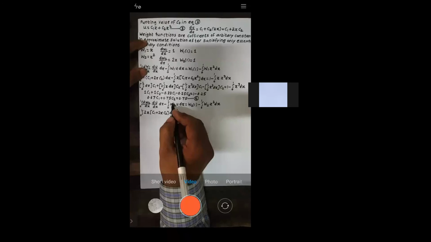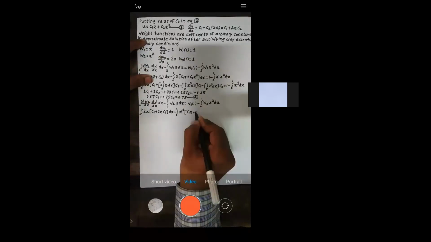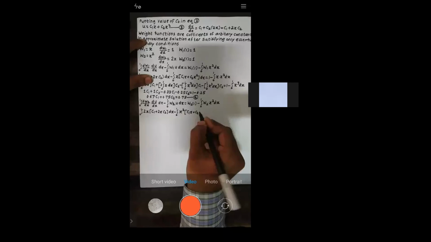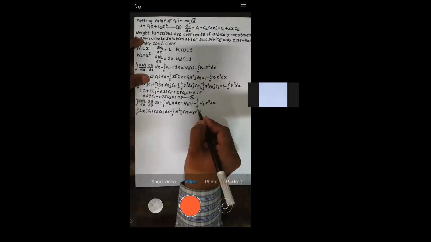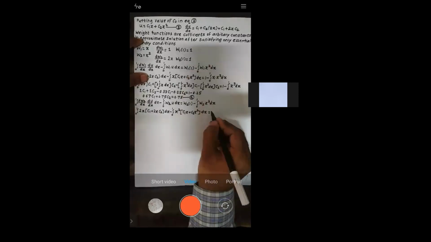It's x square into u. What is u? It is C1x plus C2x square into dx is equal to W2 when x is 1. It is again 1 minus 0 to 1. What is W2? It's x square into x square dx.